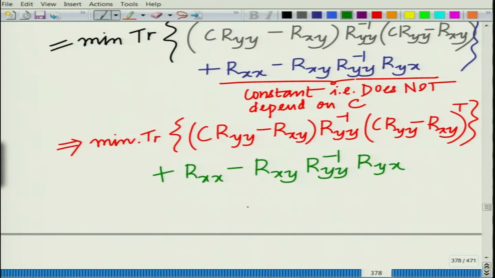This constant comes out of the minimization, and you are left with the first term, because the second term does not depend on the matrix C.